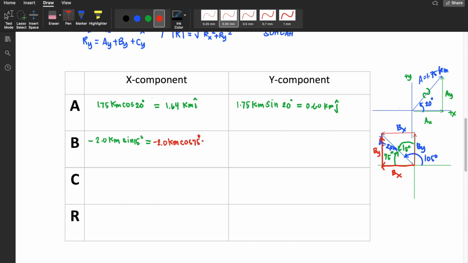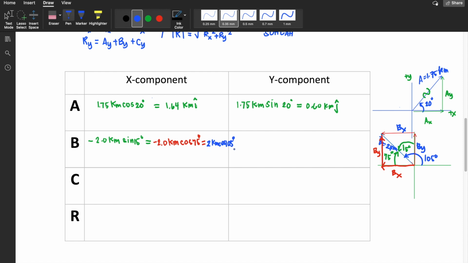And lastly, what I told you earlier, that x is always cosine and y is always sine, that applies when your angle is measured with respect to the positive x-axis. So you'll have here 2 kilometers cosine 105. The negative doesn't matter, because the one that makes the answer negative is the cosine of 105.